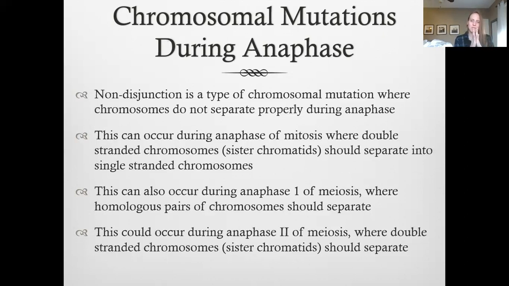All of that separation, whether you're separating sister chromatids or homologous pairs, is sometimes referred to as segregation. So sometimes it's stated that non-disjunction is when segregation goes wrong.